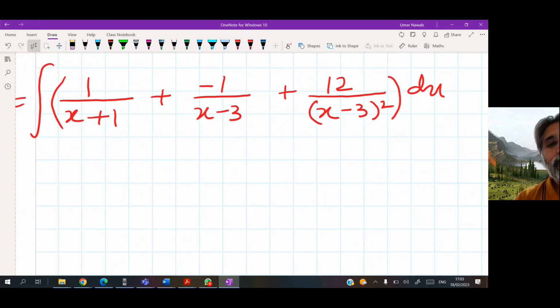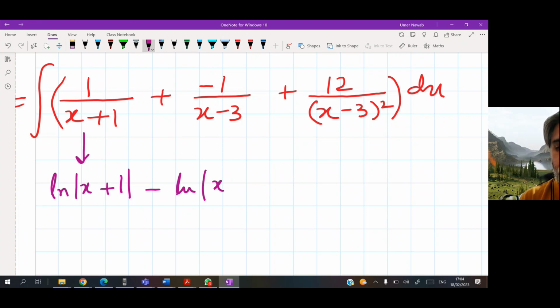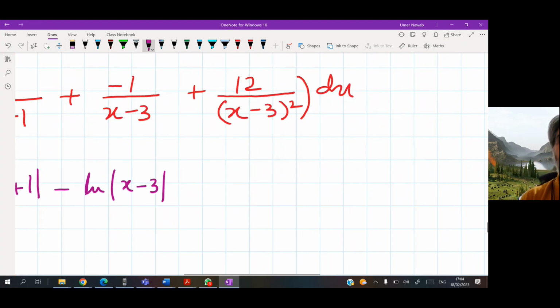Such type of questions, I'm ready to do the integration for that. The first one, its integration is ln of x plus 1. This one, ln of x minus 3.